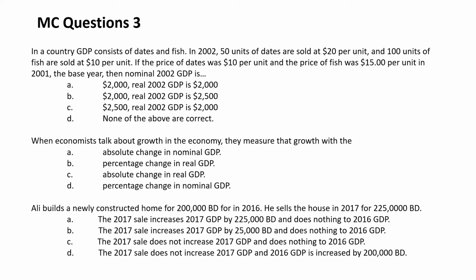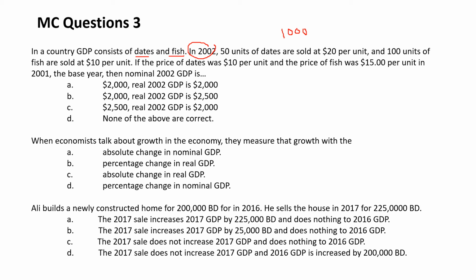In a country, GDP consists of dates and fish. In this question, we have two products, dates and fish. In 2002, 50 units of dates are sold at $20 per unit. So the total expenditure on dates equals $1,000.